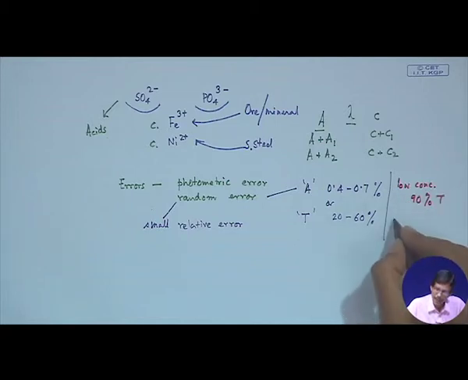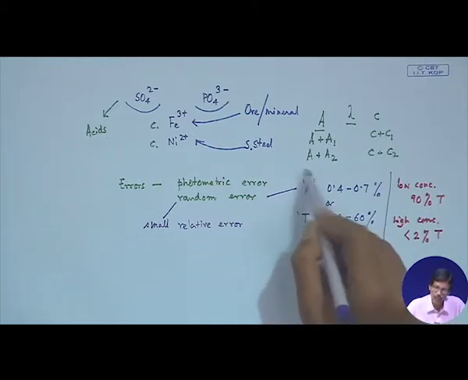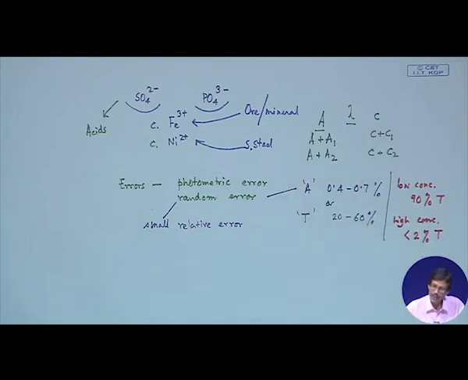Similarly, at relatively high concentration, when we have a very high concentration where the transmittance is less, about 2% T, that will also affect your corresponding value of A, and A is then going up to say 1.7.